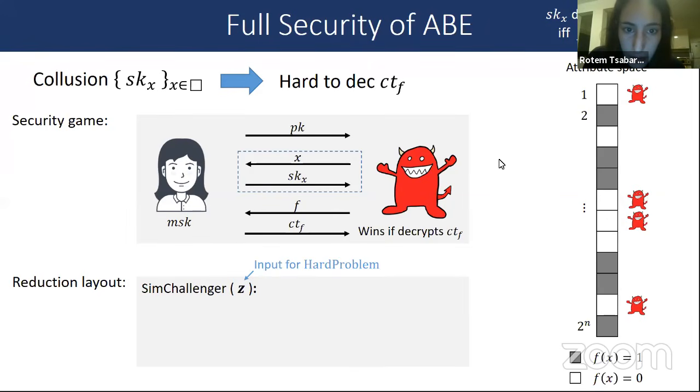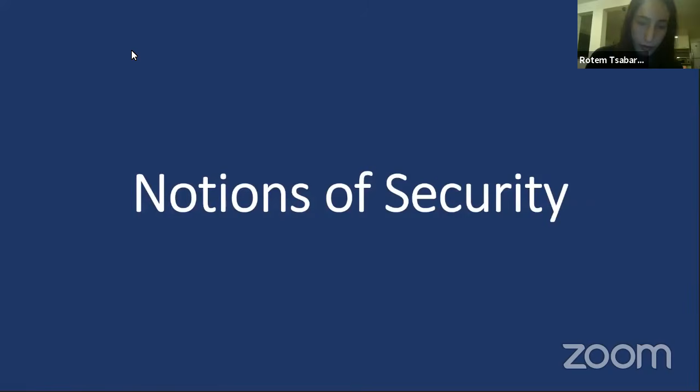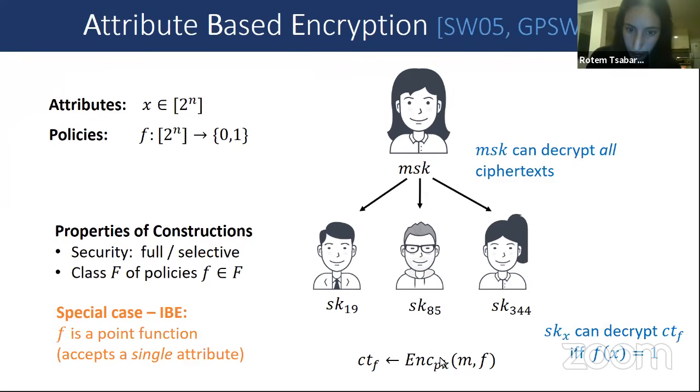Was the relationship between f and the ciphertext for f defined? So in the previous slide, in the definition slide, I wrote here that during encryption, you should provide the encryption algorithm with the policy F, and then the ciphertext is generated with respect to that policy.